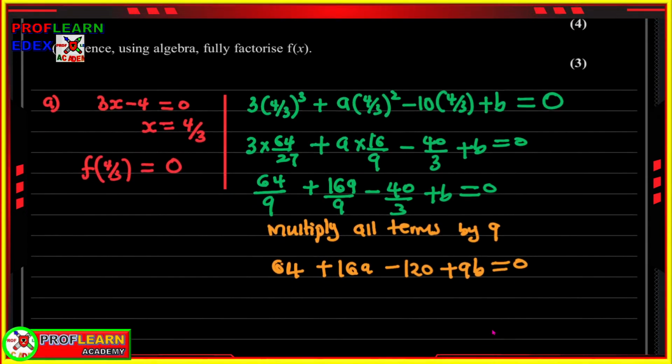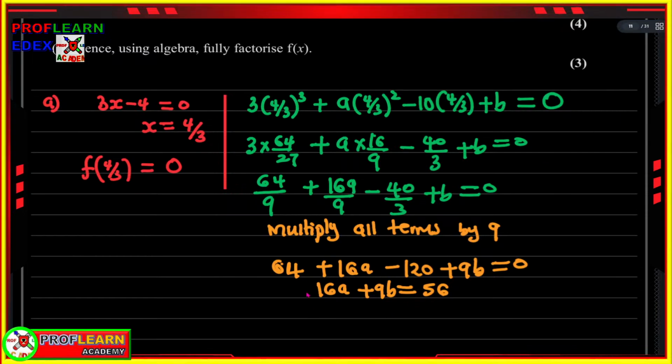But if we take 64 minus 120, that's going to translate to negative 56, so we shall have 16a plus 9b is equal to 56.